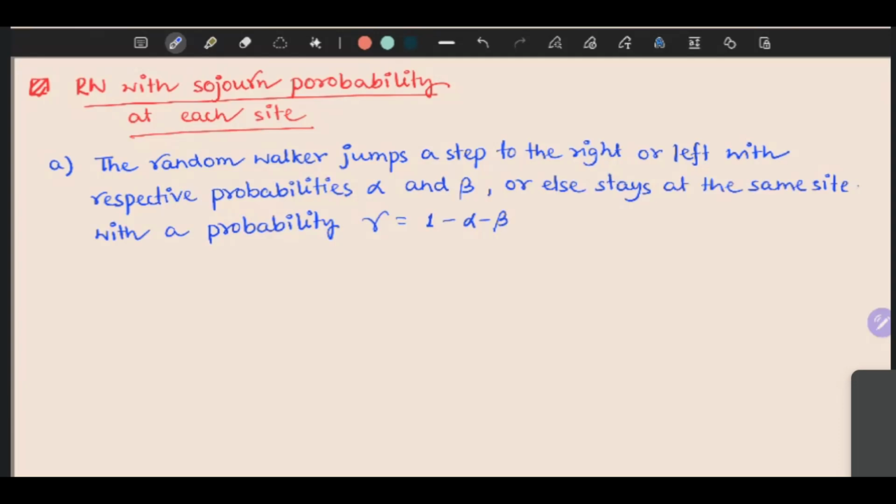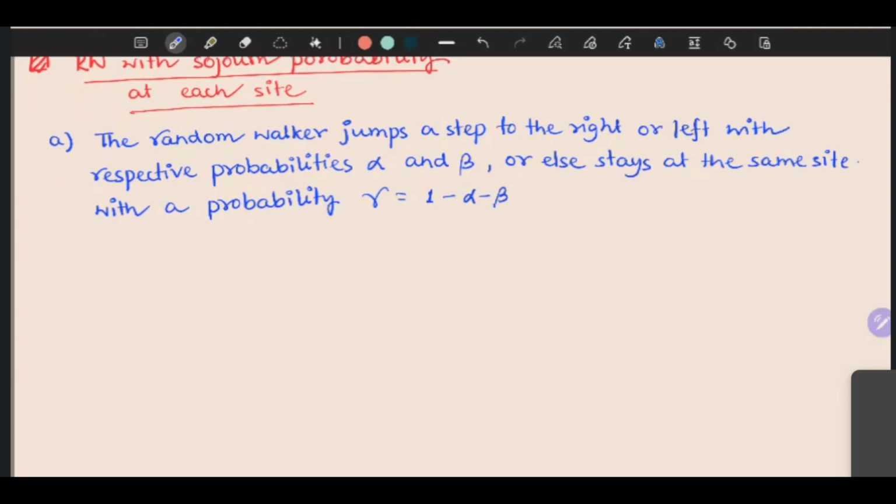Now we have already considered this in the continuous time random walk. You can do this here, but there will be some changes.